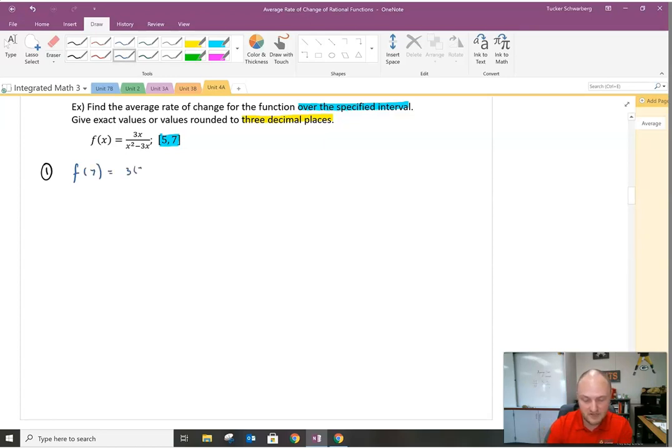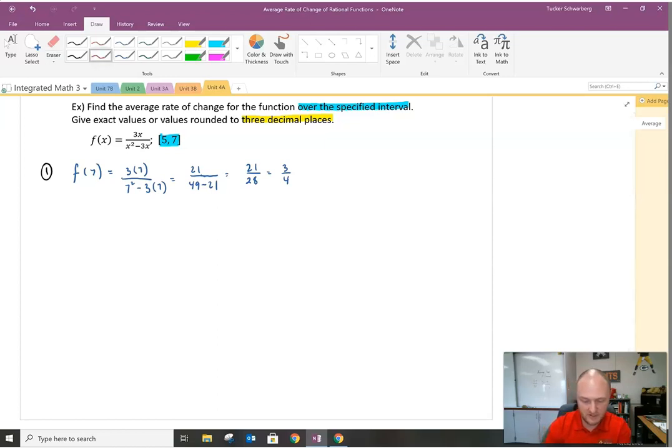We have 3 times 7 over 7 squared minus 3 times 7. So we get 21 over 49 minus 21, which is 21 over 28, which reduces to 3/4.